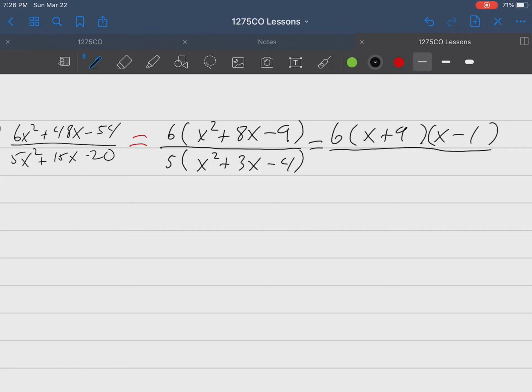And remember, we are not using the zero product rule. We are factoring, we are not solving an equation. So 6 goes in front because it stays there from before, and for the same reason the 5 goes in front of the denominator. And this factors into x plus 4 and x minus 1.